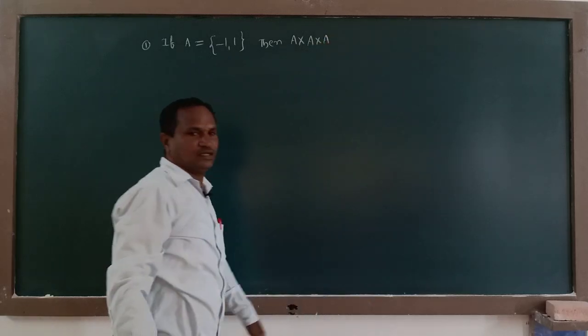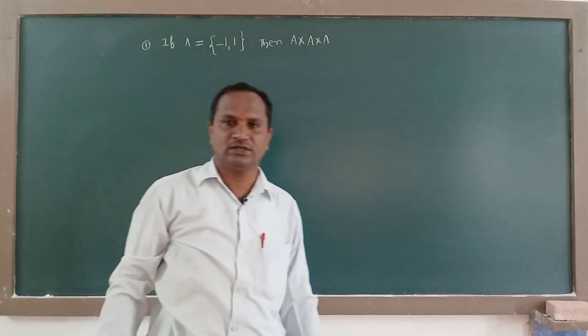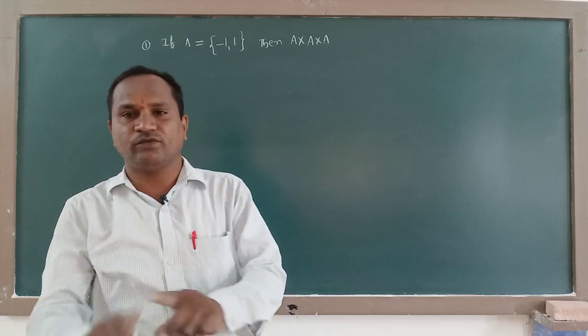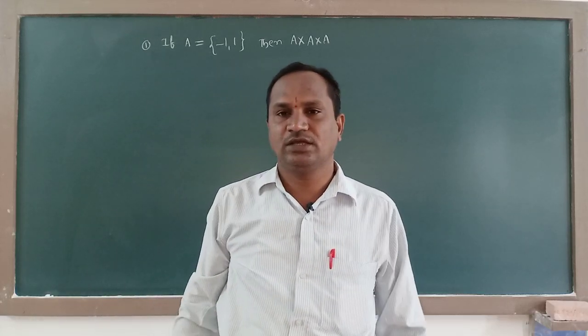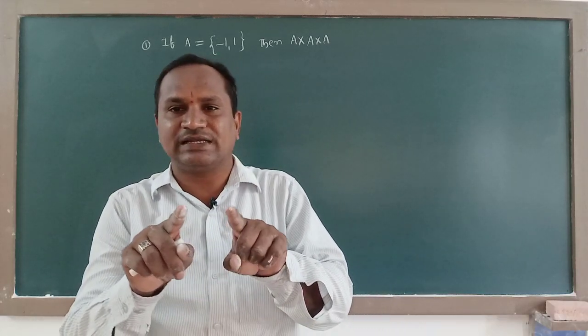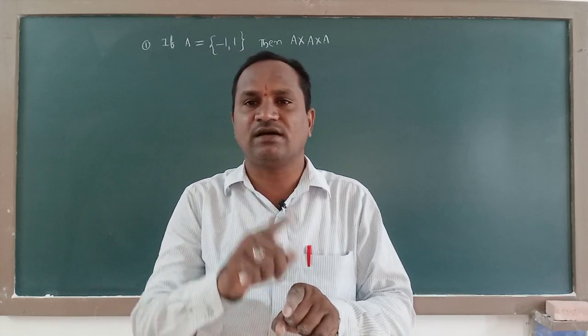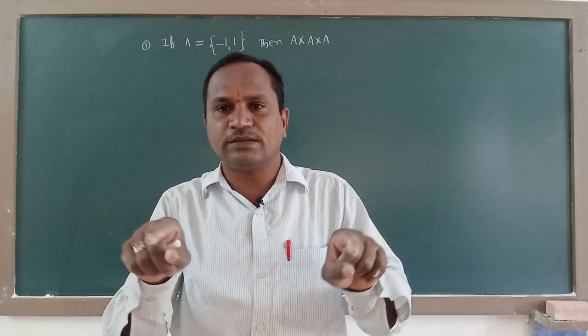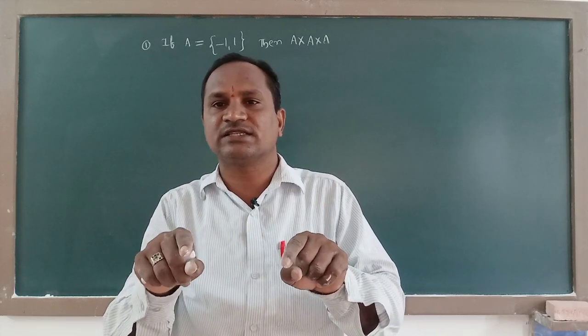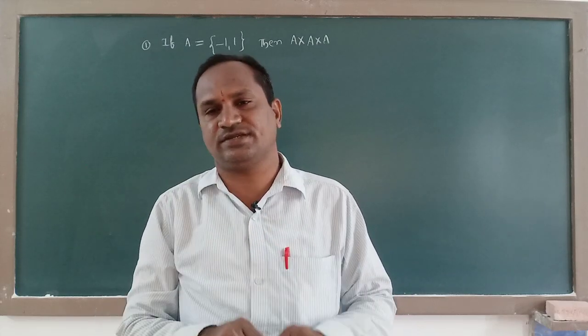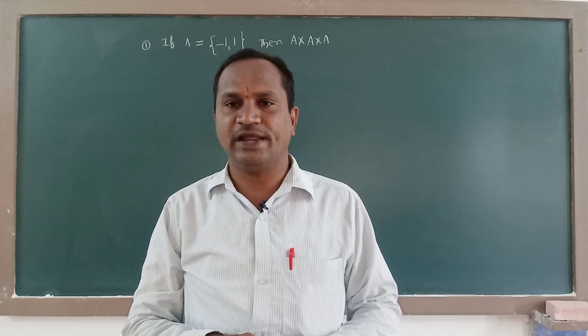Here cross has come two times. Triplets. Triplet means we are getting three elements in one bracket. In one curved bracket, if you are getting only two elements, that is an ordered pair. In a curved bracket, if you are getting three elements, that is a triplet.